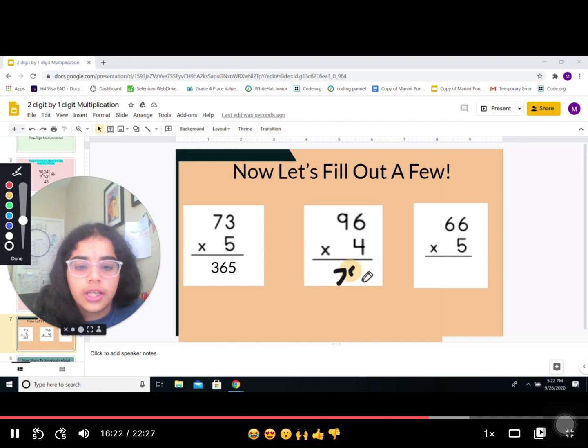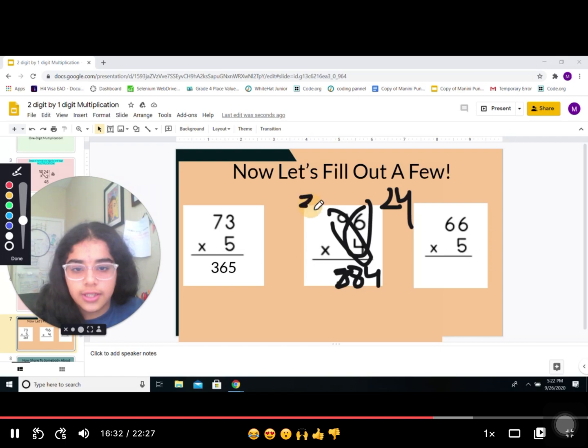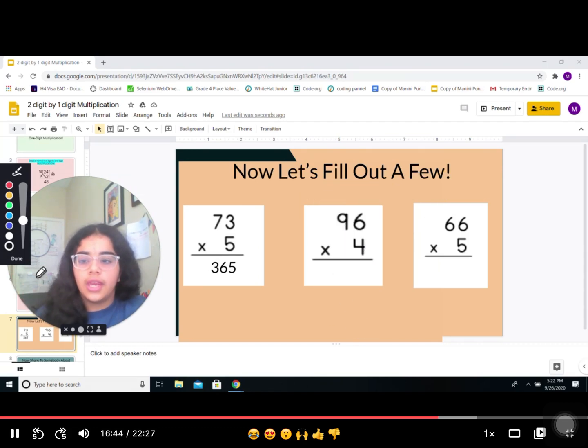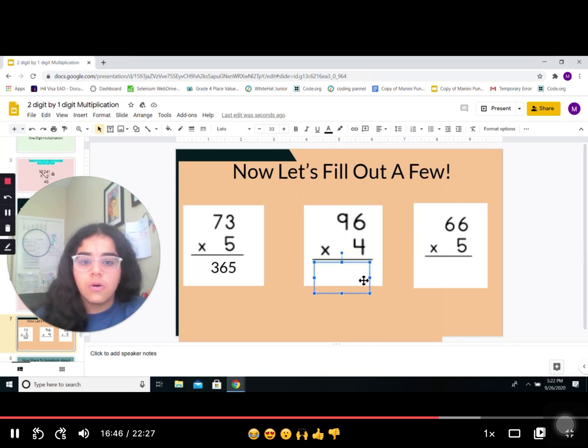So 38 would be put up here, and 4 would be put down here because 6 times 4 was 24. 9 times 4 is 36, 37, then 38 because I added those two. So my answer is 384. So let's go ahead and add it up.